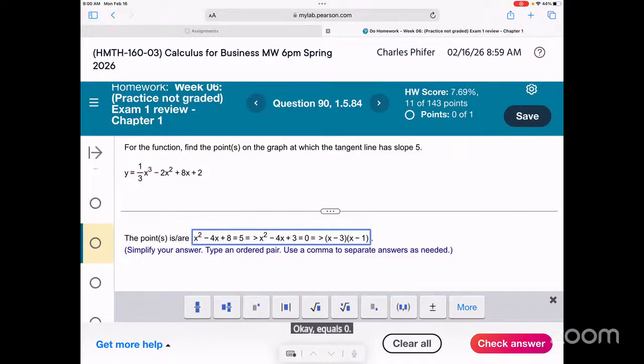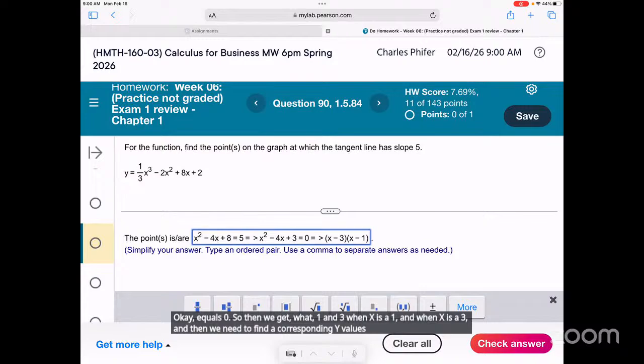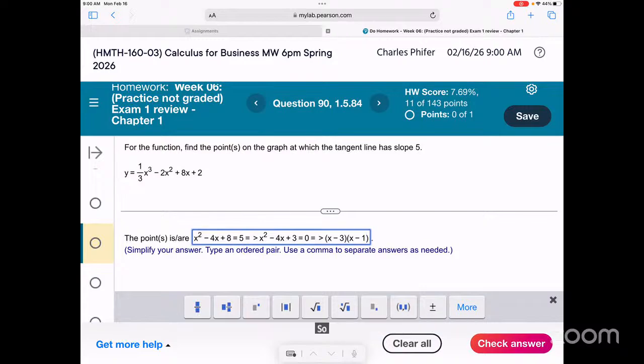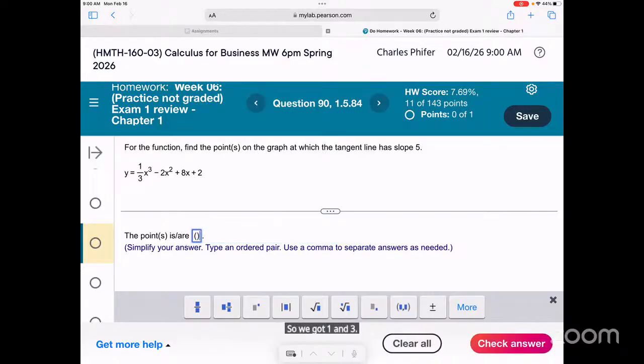So then we get x is 1 and x is 3. And then we need to find the corresponding y values from the original. So we got 1 and 3. One comma something, and then 3 comma something.